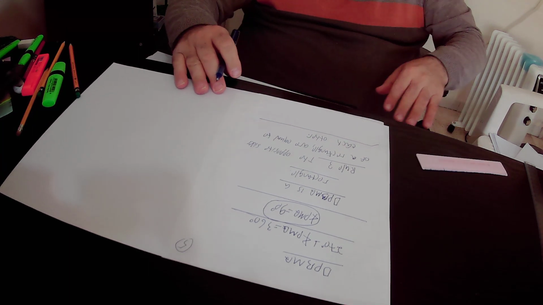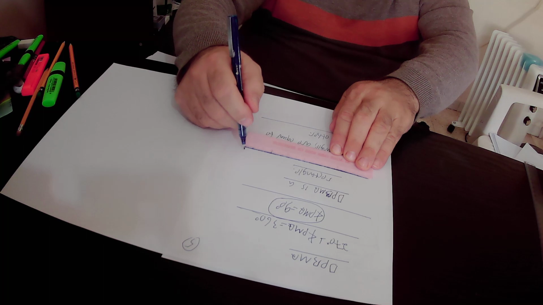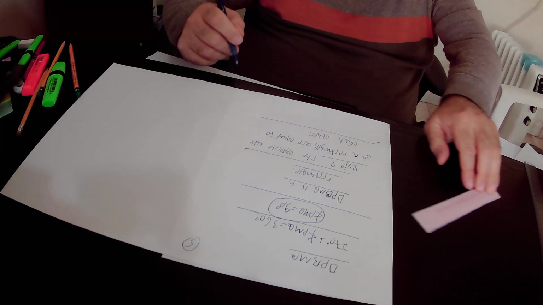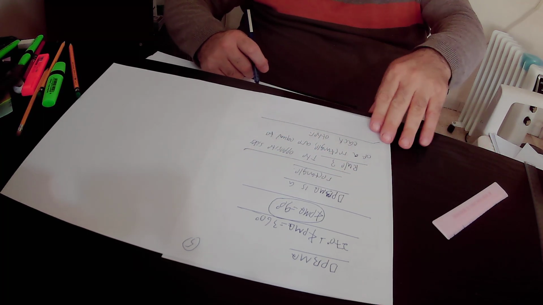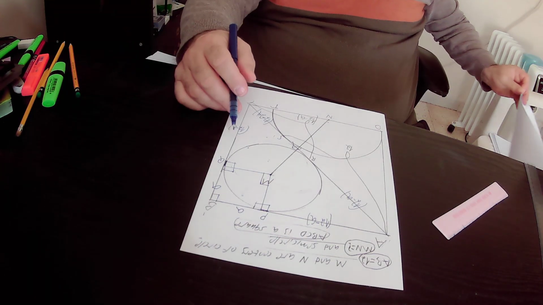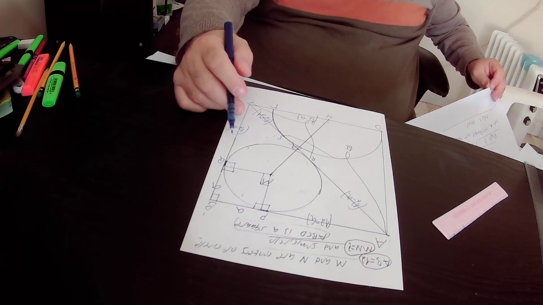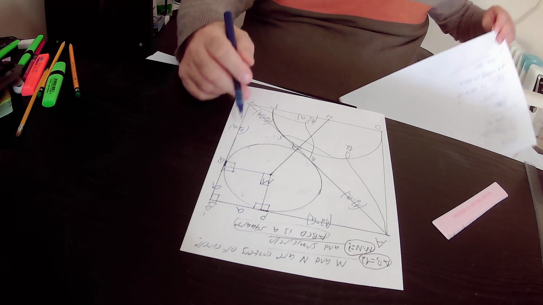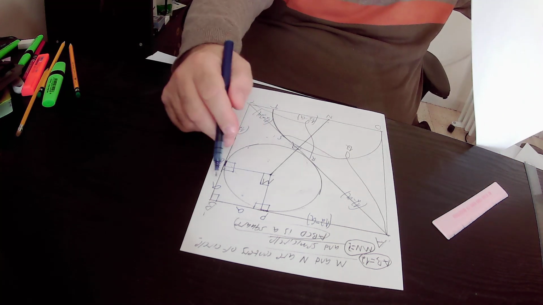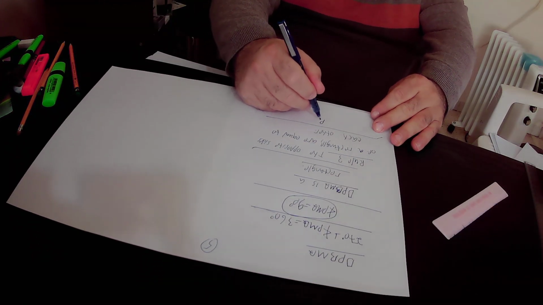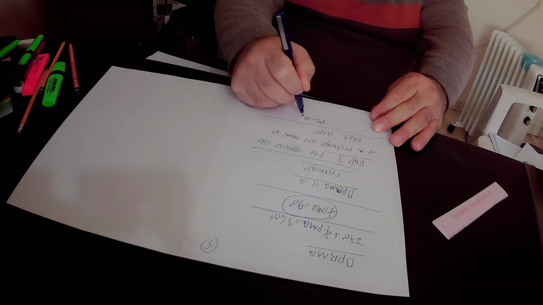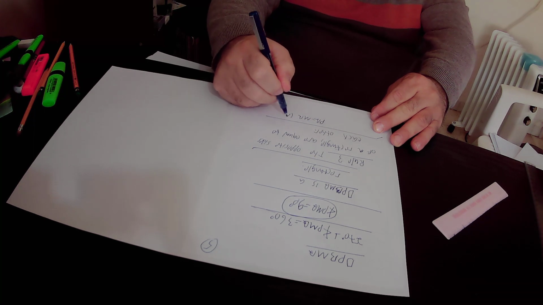According to rule number 3, the opposite sides of a rectangle are equal to each other. So, in rectangle PBMQ, the opposite sides are equal to each other. That is to say, PB equals MQ according to rule number 3.